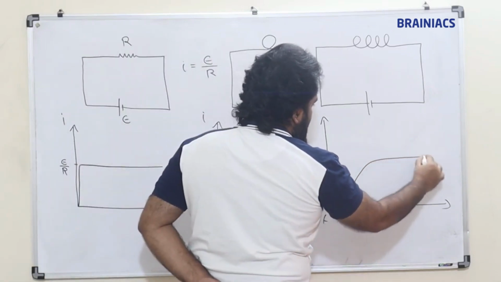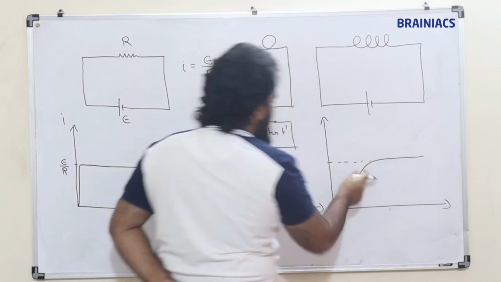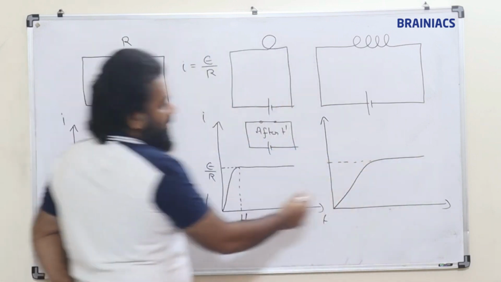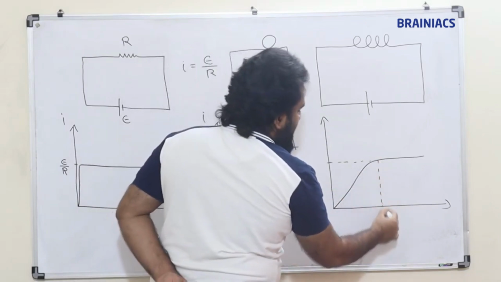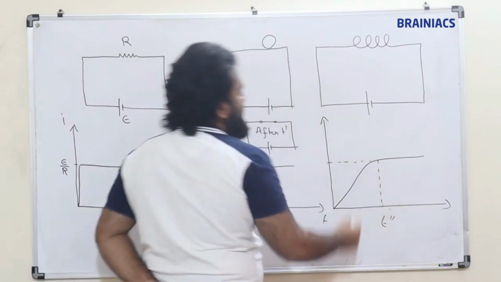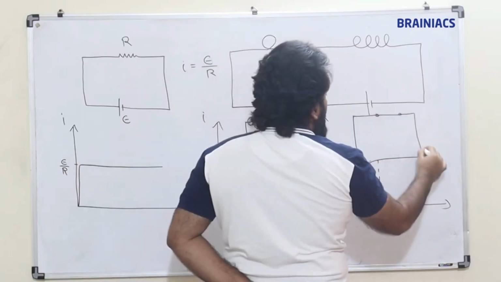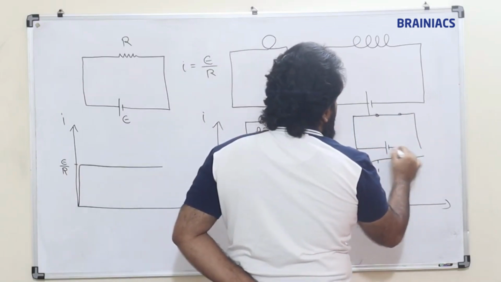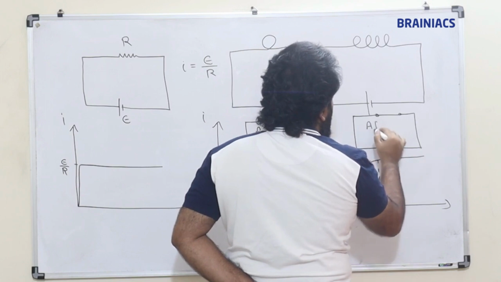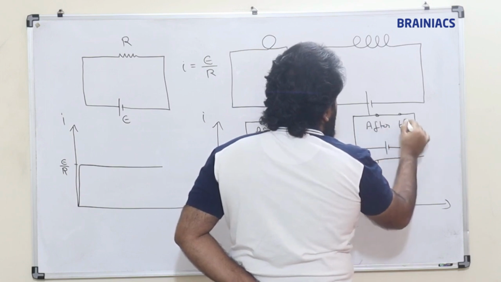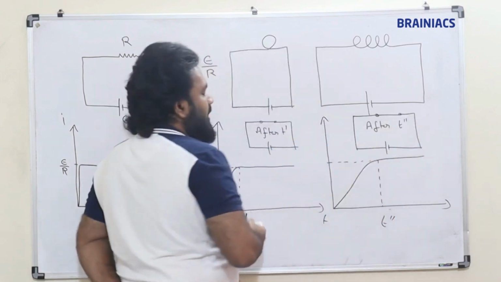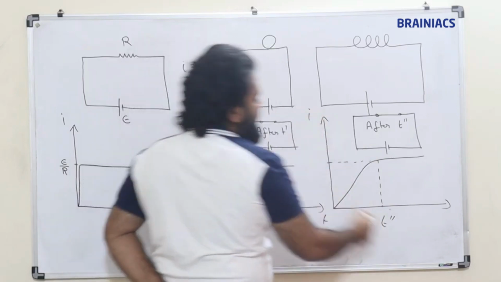This is going to be more compared to this, so maybe I could say this is T double dash. Once it reaches T double dash, after T double dash this will act like a short circuit.